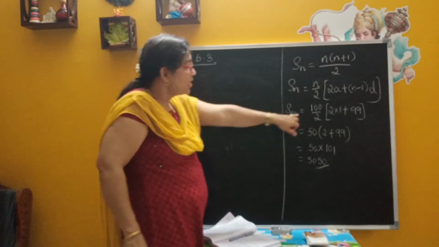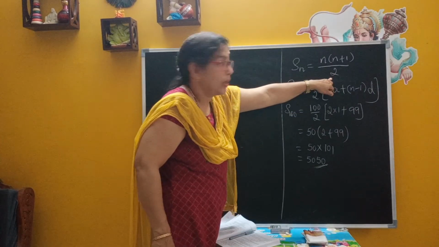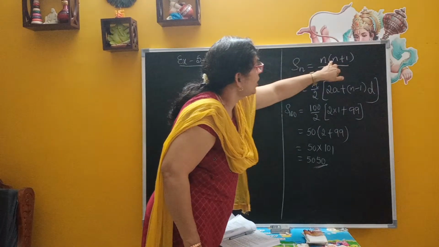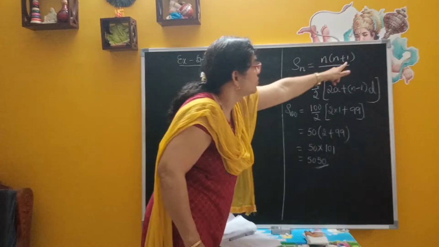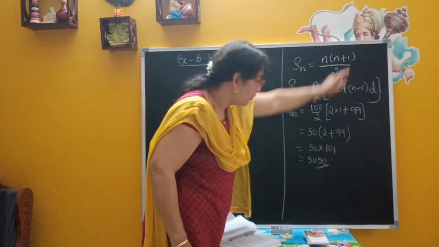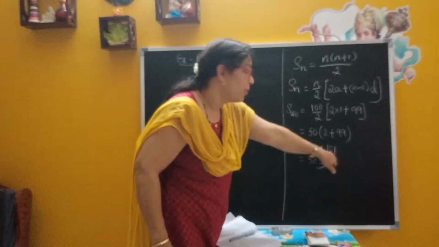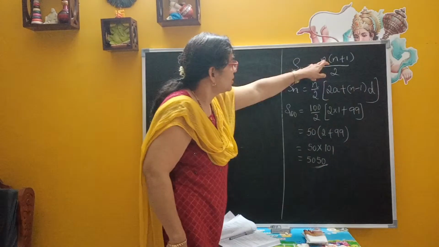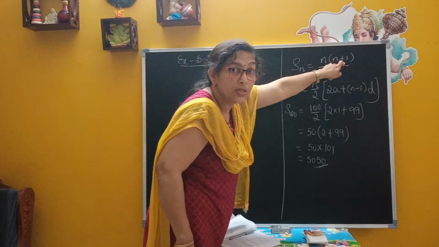See here, 100 by 2, that is n by 2, into n plus 1. Here we have taken 100 numbers, 100 plus 1 is 101. Finally we got 50 into 101, that is n by 2 into n plus 1.